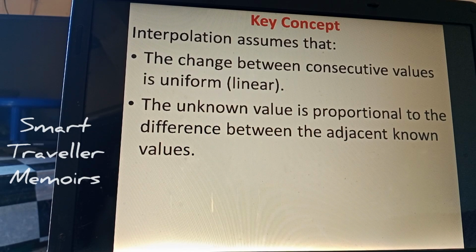Interpolation assumes that the change between consecutive values is uniform, that is, it is linear, and the unknown value is proportional to the difference between the adjacent known values.